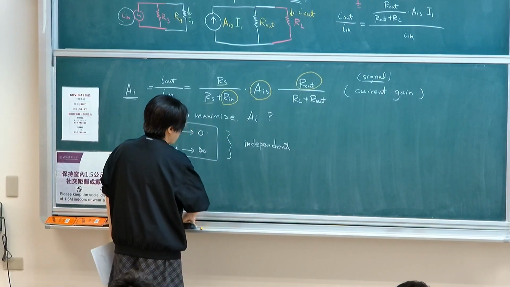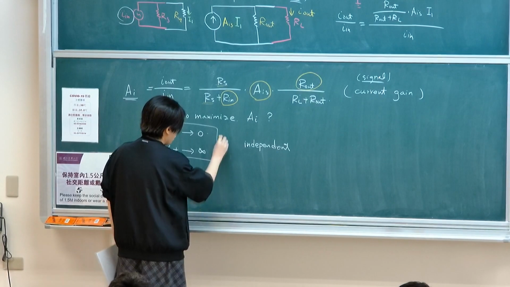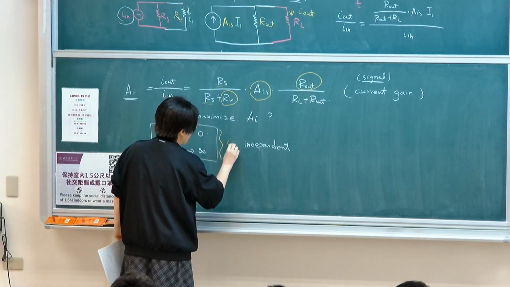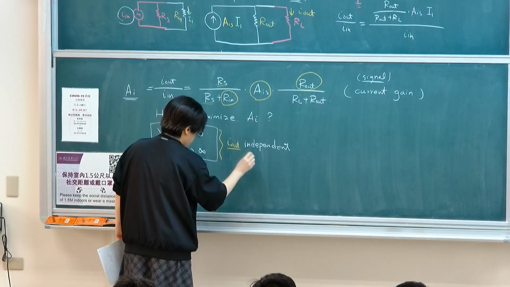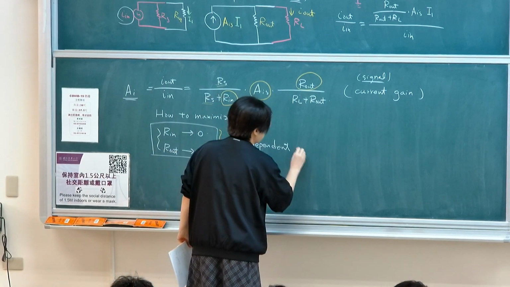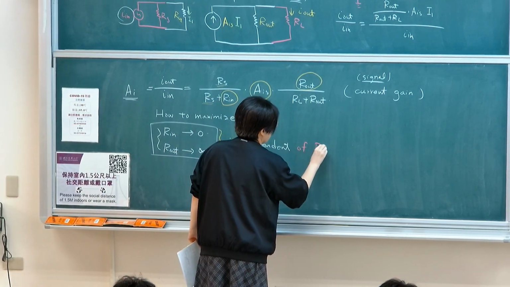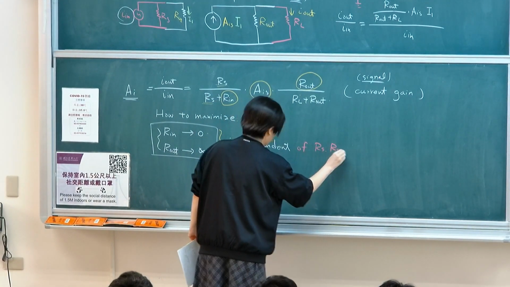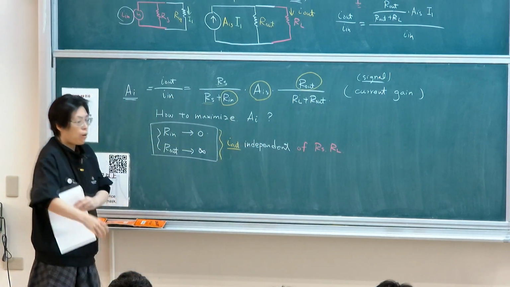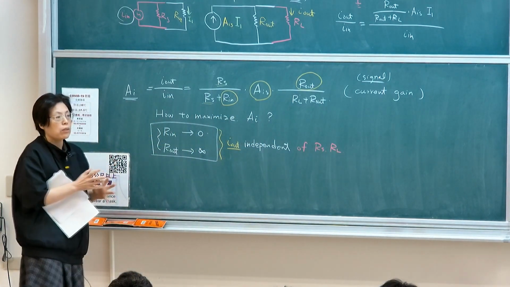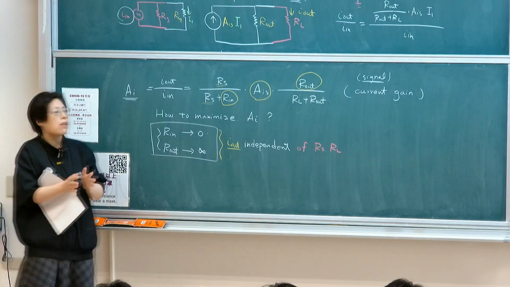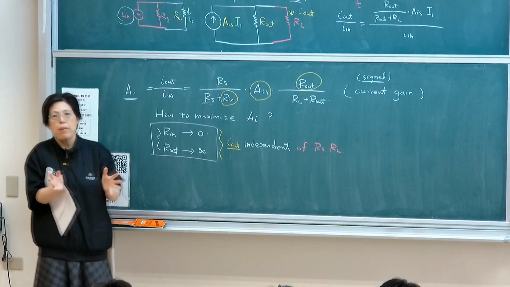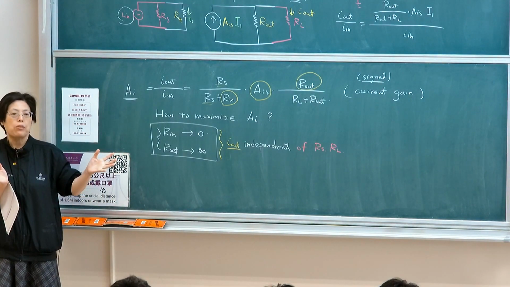So this would give us a very powerful result, which is that I out, your output current, becomes independent of RS. This is what we call robustness of your design. You want to design a circuit, like a house, which is independent of what the outside temperature is.